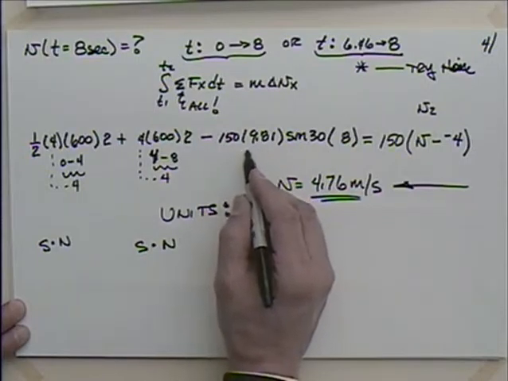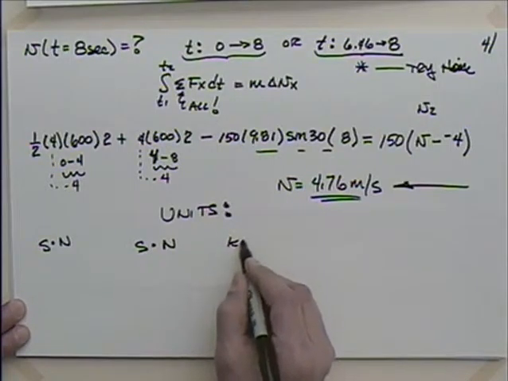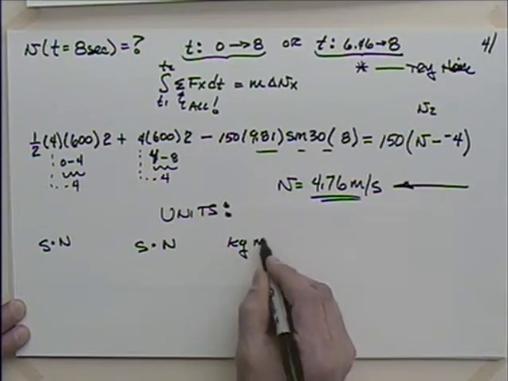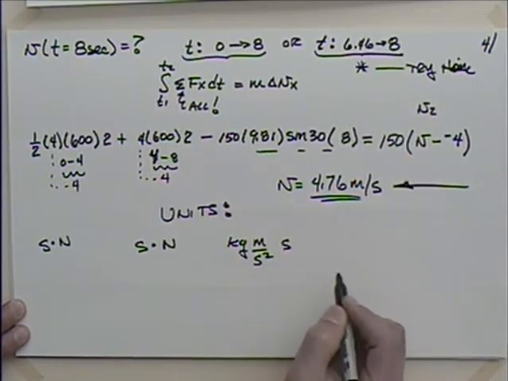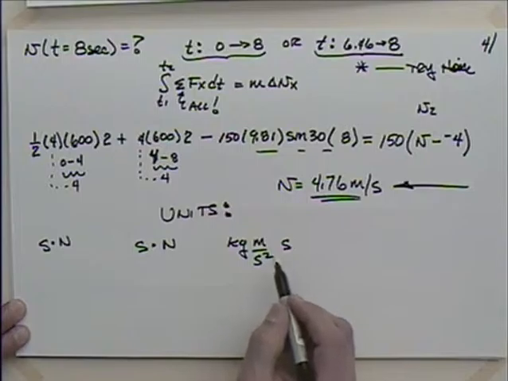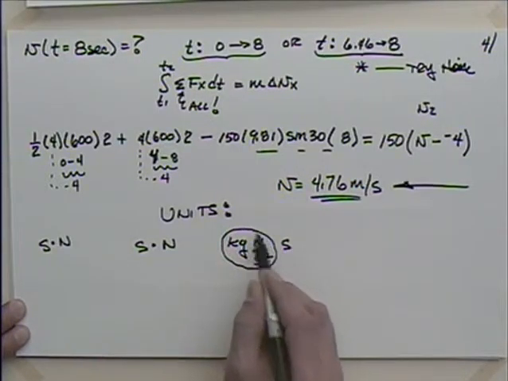What do we have in this term here? We had 150 kilograms, 9.81 meters per second squared, times 8 seconds. This was a kilogram meter per second squared. That is a newton, isn't it?